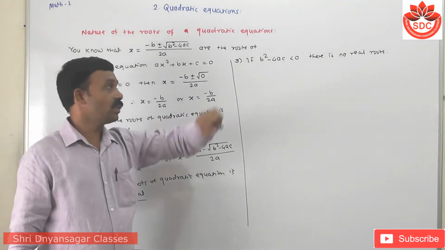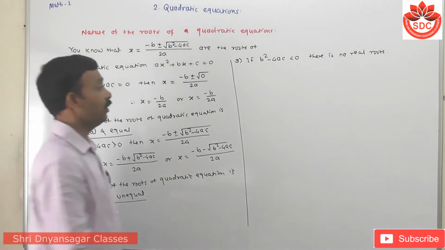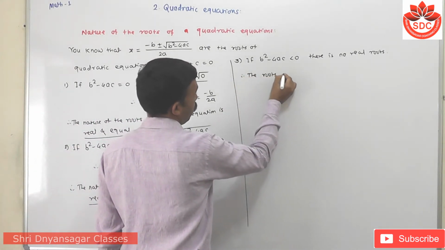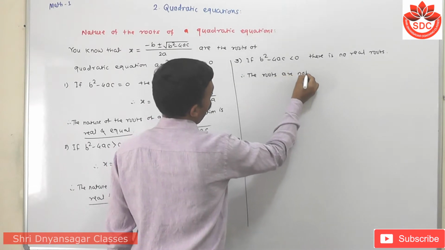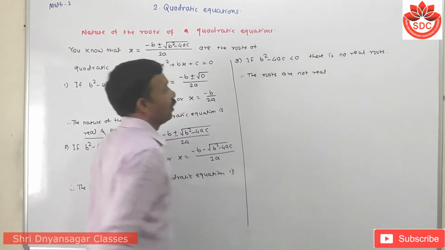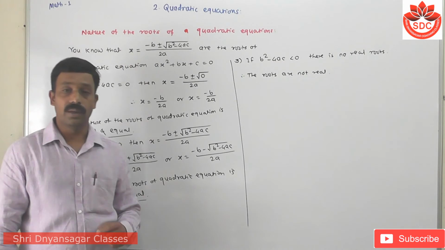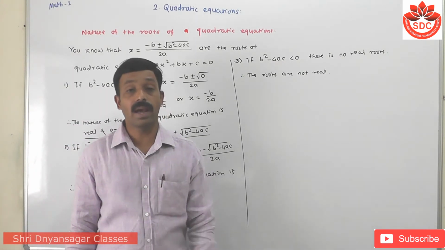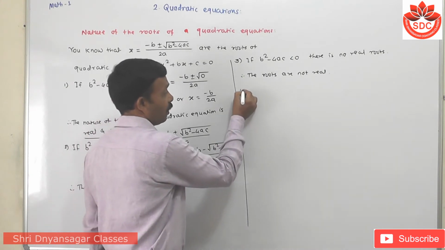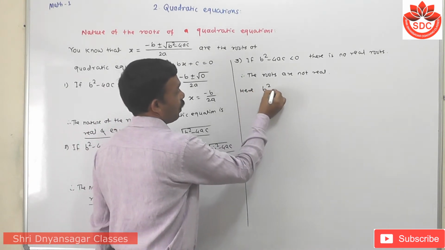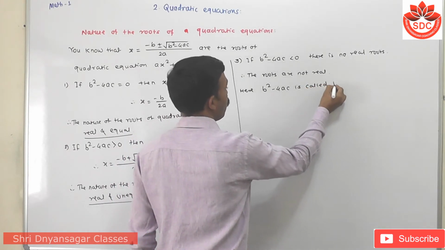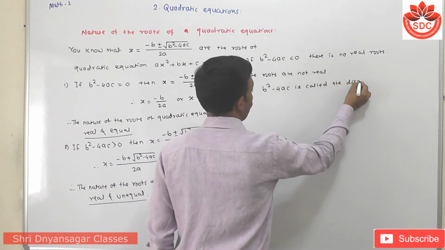When b square minus 4ac is less than 0, therefore the roots are not real. Can you understand this? Now student, this b square minus 4ac is also called the discriminant.